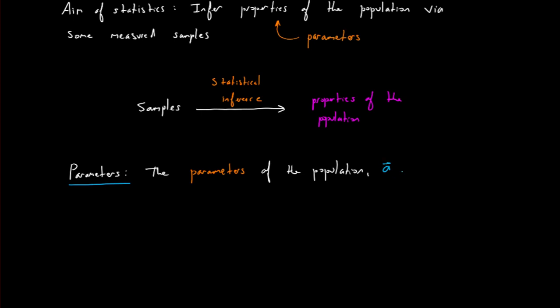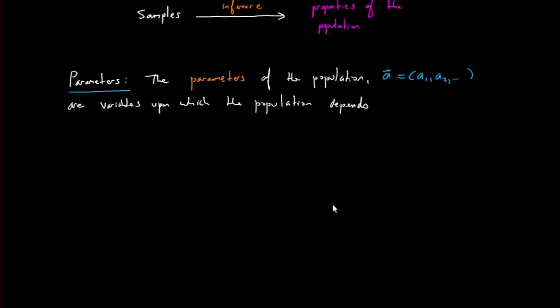This is A with an arrow over it, a vector containing A1, A2, and up to some arbitrary highest value. These A_i are real numbers. Let's say these are variables upon which the population depends.